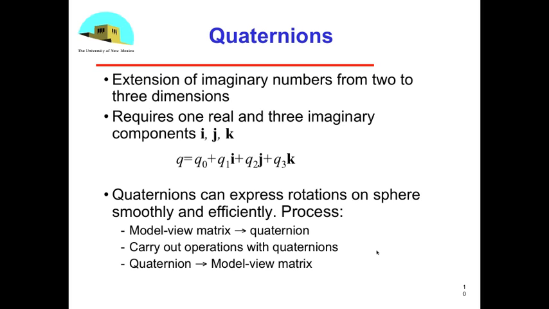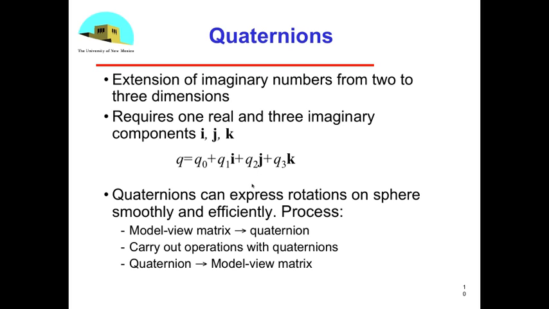So a quaternion has what looks like a scalar plus 3 other scalars that multiply components I, J, and K, which correspond to imaginary numbers, in the sense that I times I is -1, and J times J is -1, and K times K is -1, but they're different from each other. We'll talk about that.